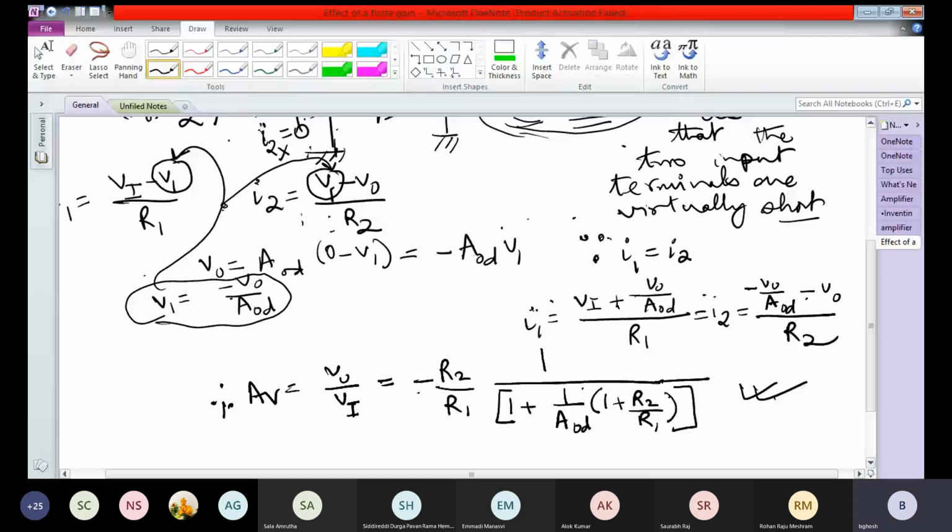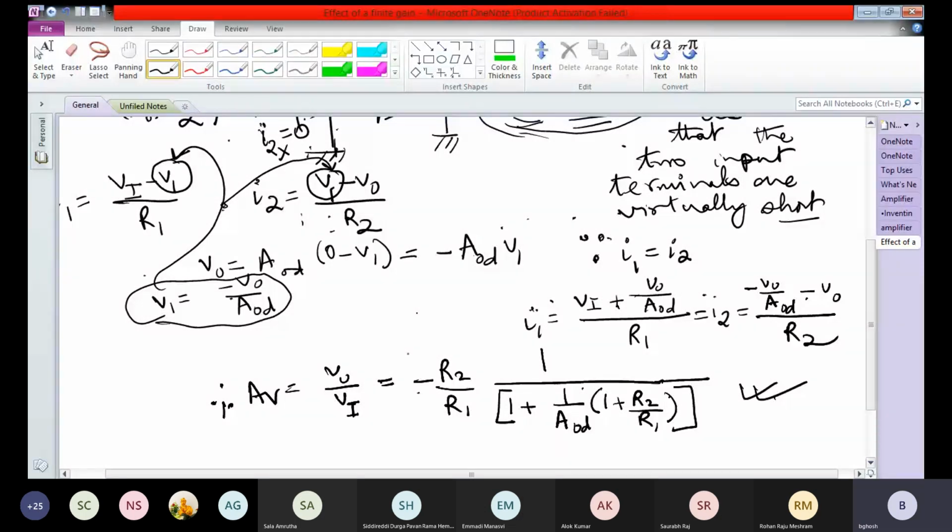If AOD approaches infinity, this term approaches 0 and AB approaches minus R2 by R1, which we found out for the inverting amplifier, ideal operational amplifier, then AB becomes equal to minus R2 by R1.